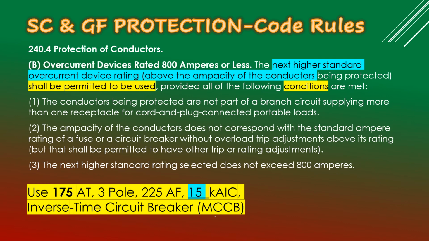And 15 kAIC, 15,000 ampere interrupting capacity, this is just an assumption because as I mentioned in the first episode, we have not yet done the short circuit calculation. So here, just to complete the specifications of the breaker, I am putting 15 kAIC, but this is still temporary, or we have to confirm this value.